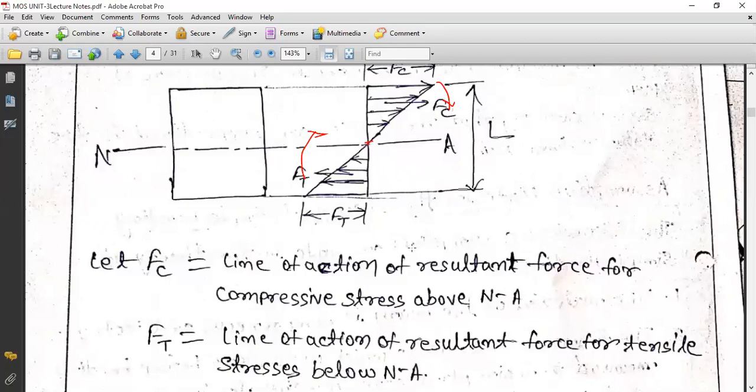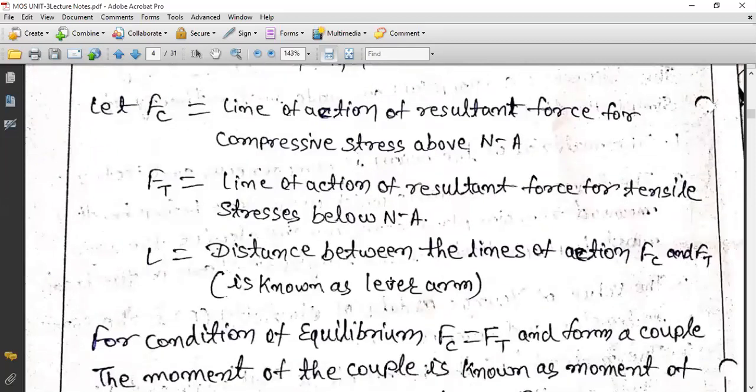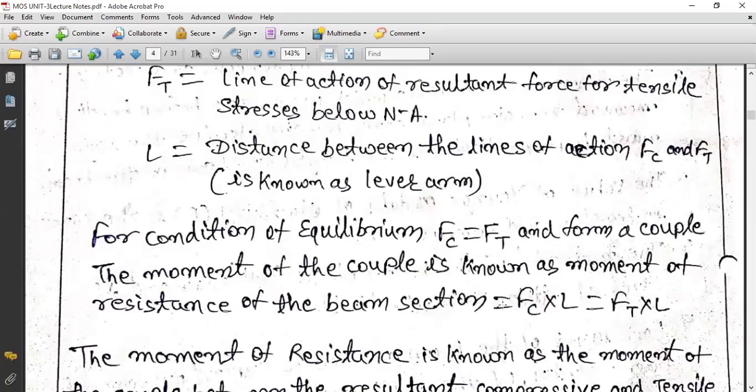That is called the moment of resistance, and it equals Fc into L. So the moment of resistance of the beam section is Fc into L, either Fc into L or Ft into L.